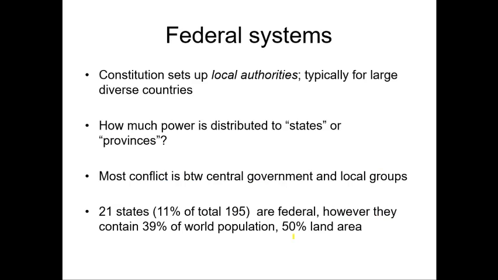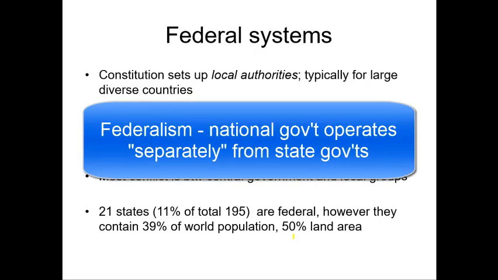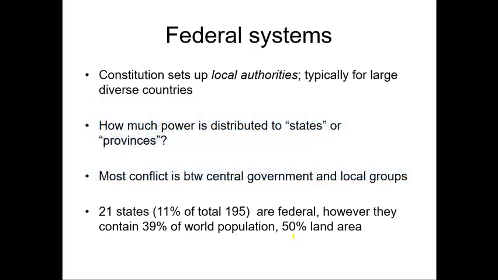All right, so now let's talk about the concept of federalism and the difference between federal systems and unitary systems. Now, federalism simply means that you've got a national government operating separately from state governments. That's particularly in our system. We have a federal system.